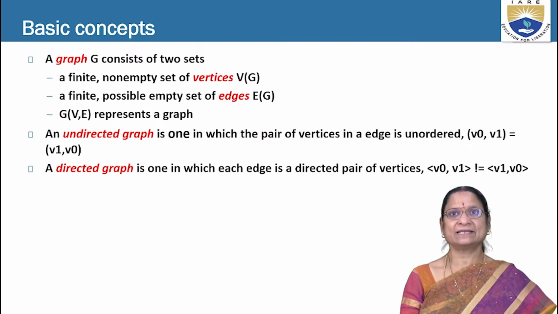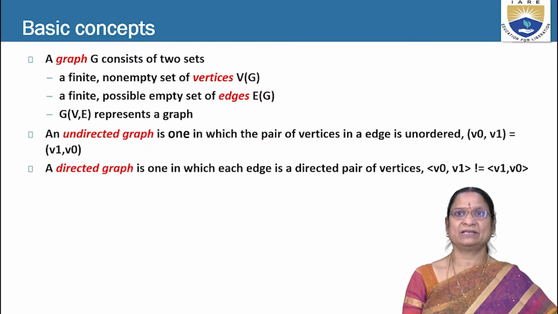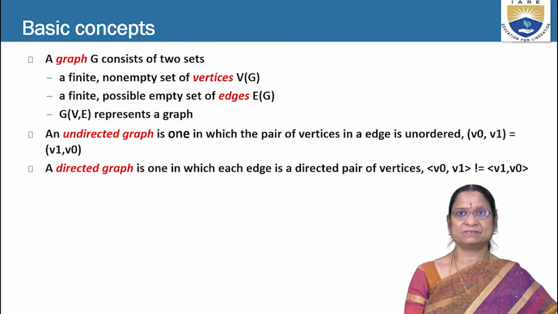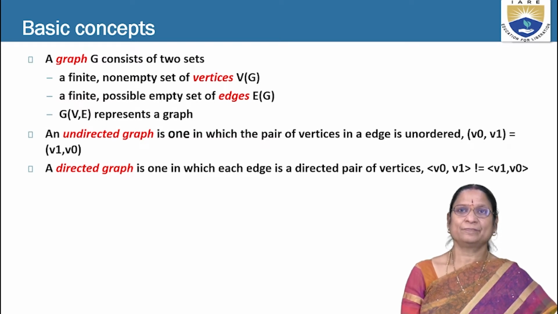These graphs are categorized as undirected graphs and directed graphs. If the edges have direction, that means from which node to which node is specified properly, then we consider the respective graph a directed graph.